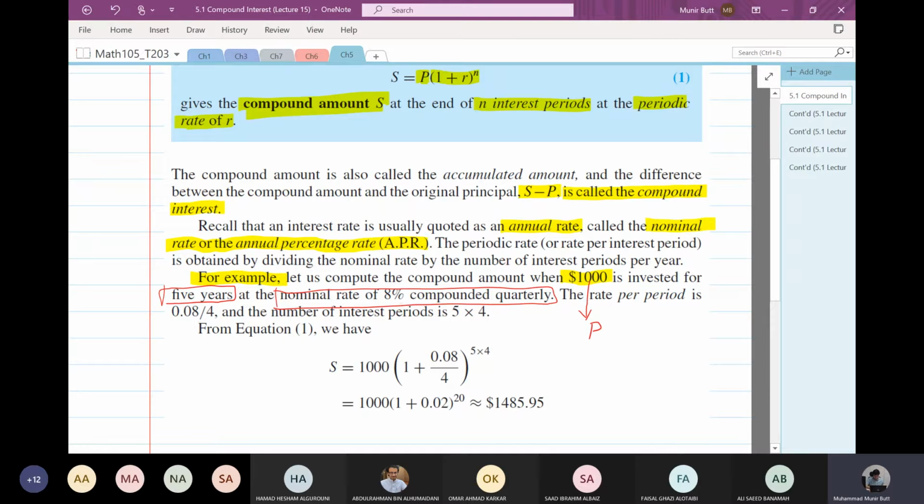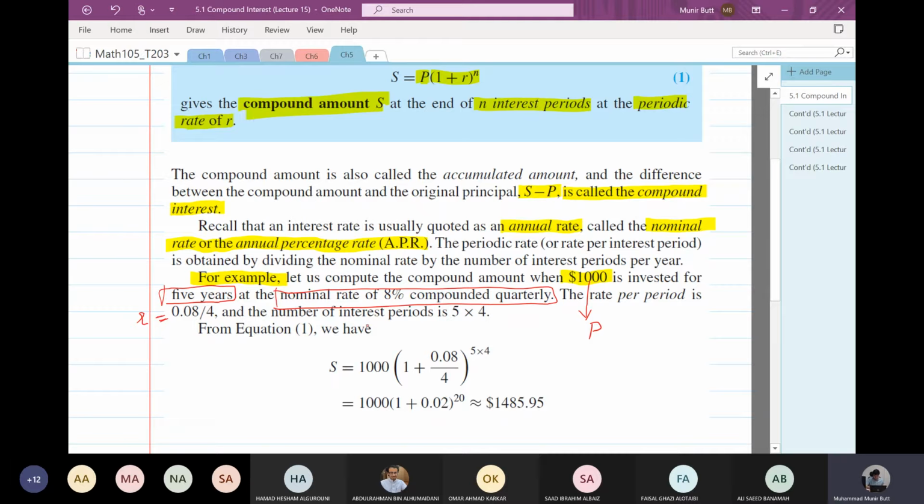Are you agree? Because here the rate per period is this one. The nominal rate means in 1 year you have 8%, and in 1 year you have 4 quarters. So R will be equal to 8% divided by 4, to get the same unit.